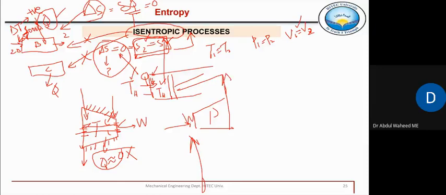We do not want this work to be converted into heat. Here the purpose is to reduce heat transfer as much as possible. What are turbines and pumps? These are work transfer devices.